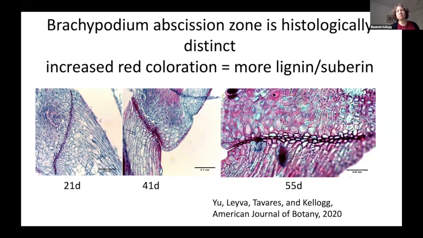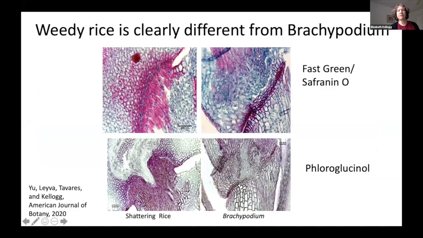So here's the rice, lignin, and then the abscission zone itself is non-lignified. And in Brachypodium, the abscission zone itself is heavily lignified and not on either side. Here's this other, more specific lignin stain. So that was distressing. But we thought, oh, well, there's still a nice little line of thin-walled cells.